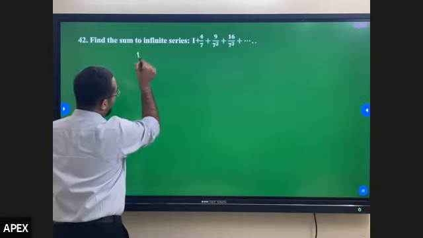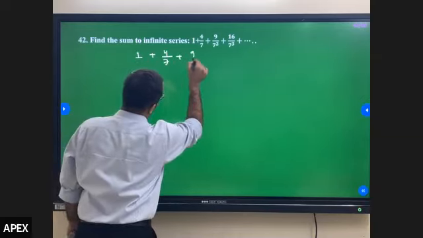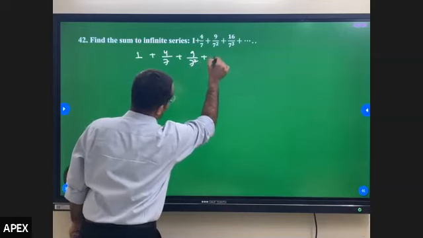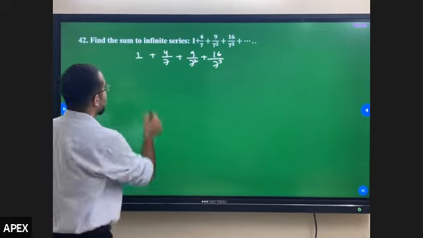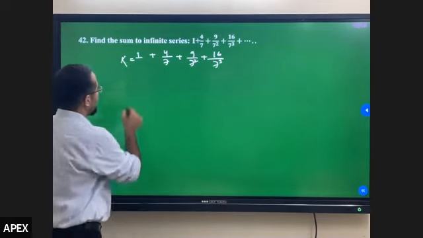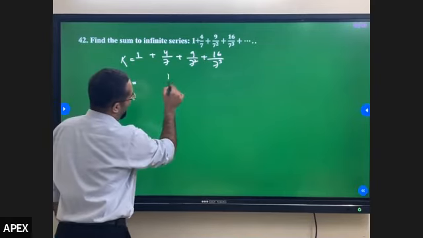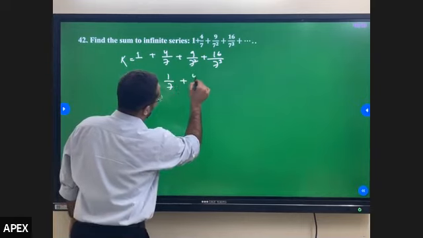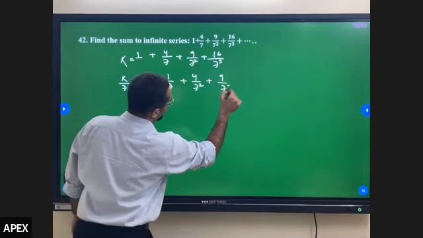So if I quickly go ahead, I have 1 plus 4 by 7 plus 9 by 7 square. We need not make this dirty. Let this be equal to k. Now I know that k by 7 would give me 1 by 7, 4 by 7 square, 9 by 7 cube, and so on.